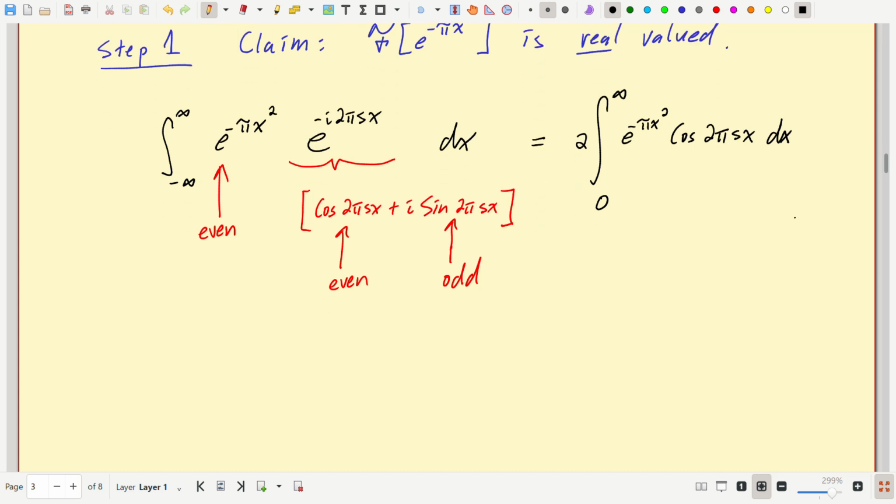Step 2, I want to show you it satisfies a differential equation. Kind of an easy one. Let's see, what is it? Step 2. Let's write f of s equals this Fourier transform.